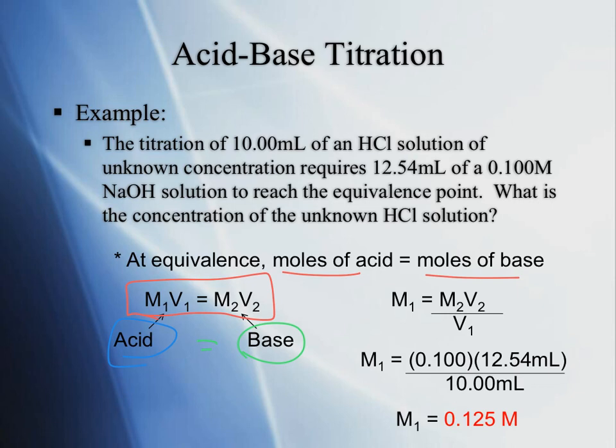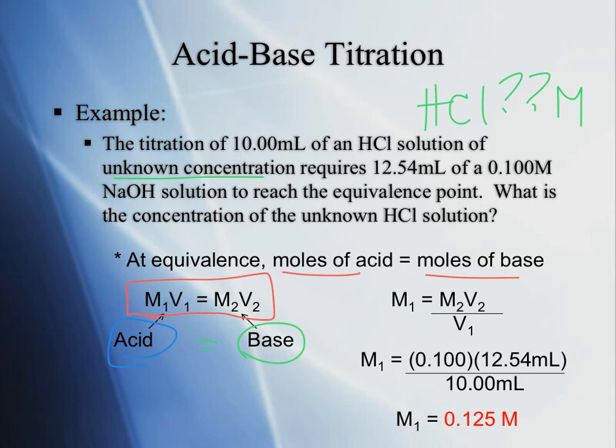So here's an example question. It says the titration of 10 milliliters of HCl of unknown concentration, so we have no idea what the concentration of HCl is, requires 12.5 milliliters of a 0.1 molarity NaOH solution.